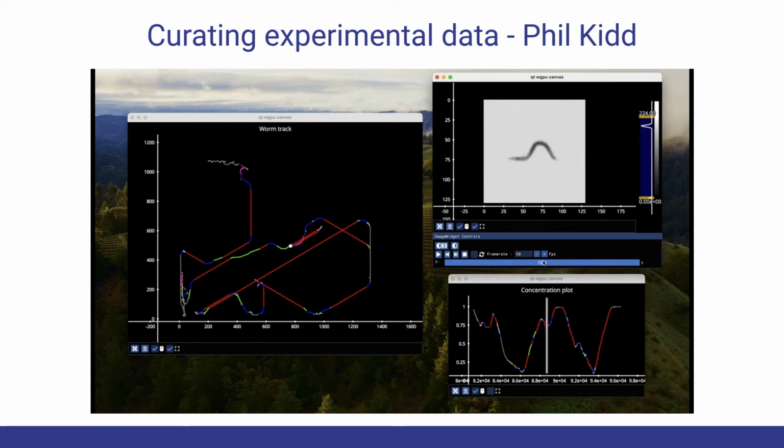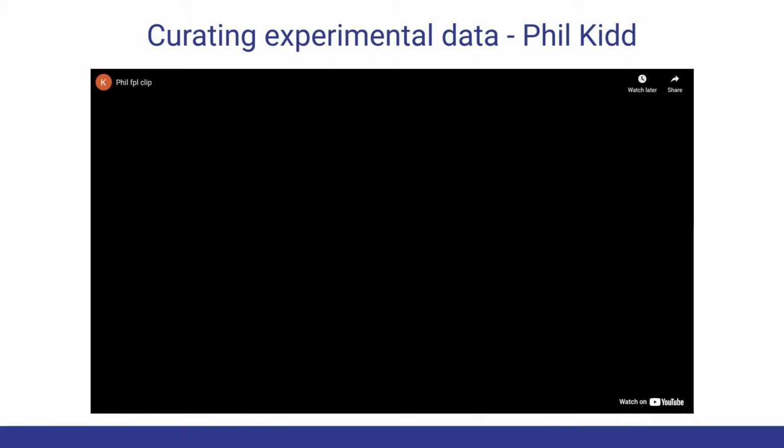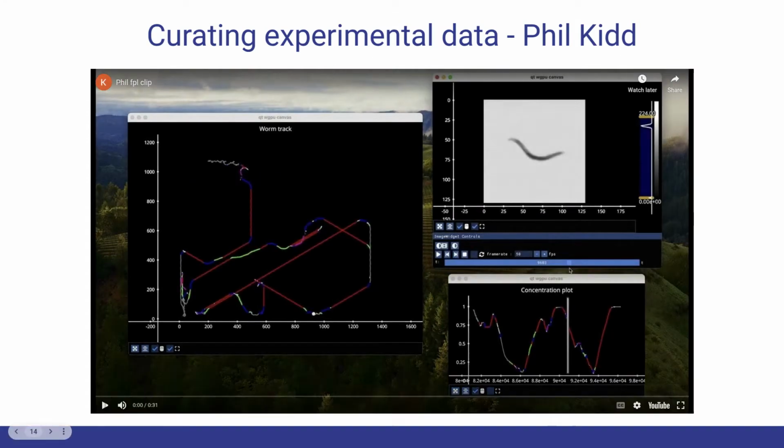What Phil wants to do is he's tracking worms and analyzing their behavior in an arena, and he wants to verify that the tracking that has been done makes sense. And that's something that you do a lot in behavioral experiments, or anytime you have an instrument and you're doing any kind of recording: you want to verify that your measurements match your raw data, and that's what Phil does over here.